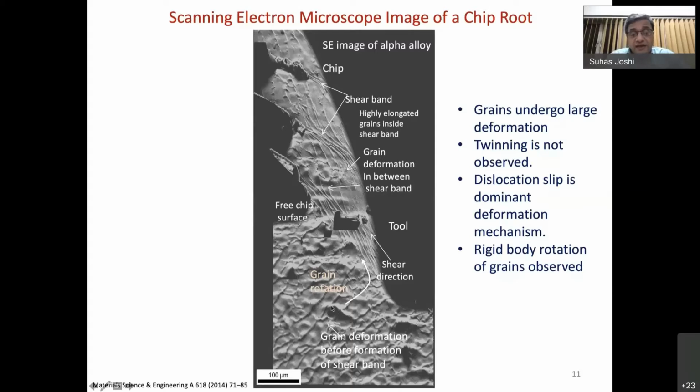You can see these are the grains here, and the grains are oriented in a certain direction, and when they transform from the undeformed material to the deformed material into the chip, you can see that large bands are generated. So the grains are elongated, and when they are pushed inside the chip, they get elongated in this direction.